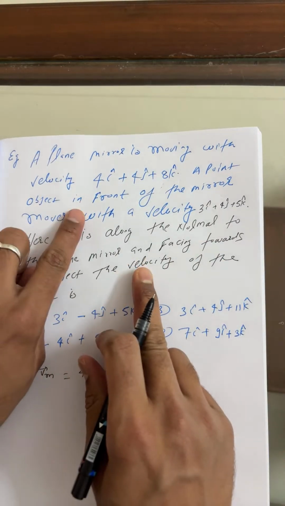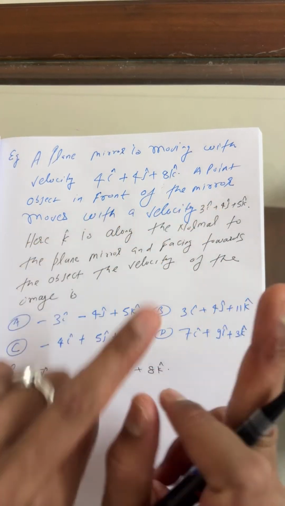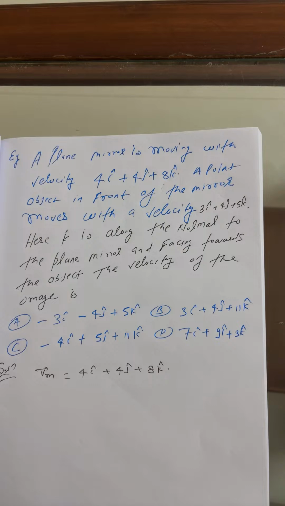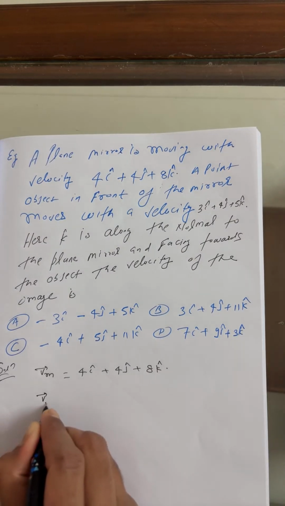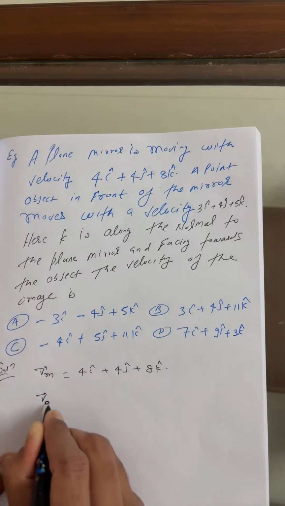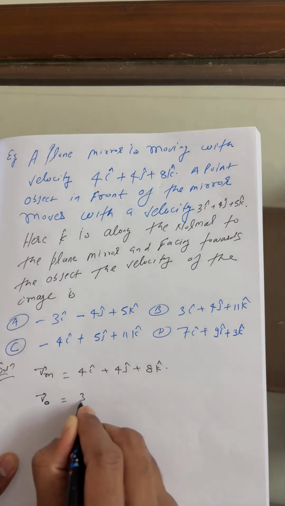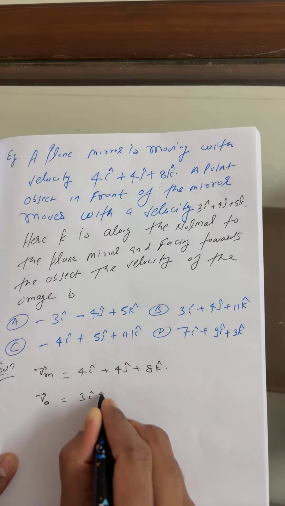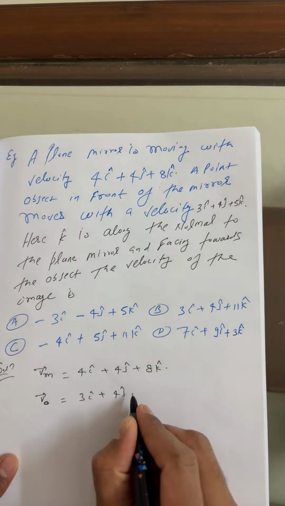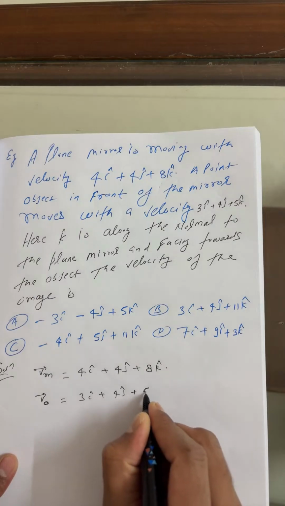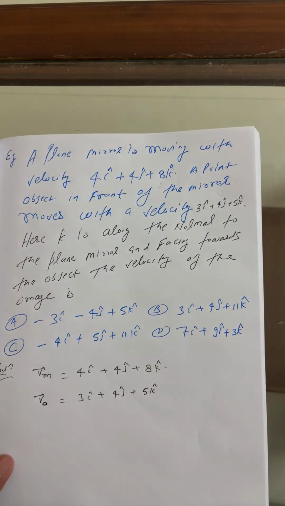A point object in front of the mirror moves with velocity, so this is the velocity of the object: 3 i cap plus 4 j cap plus 5 k cap.